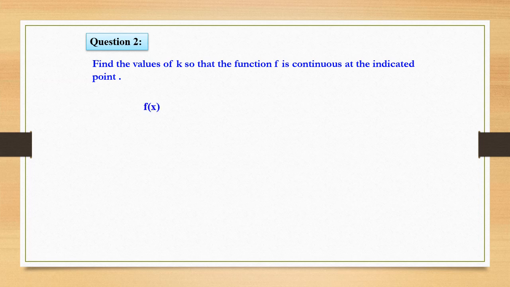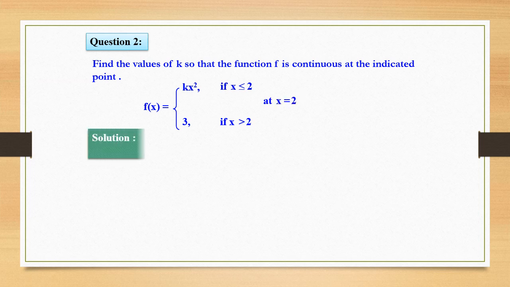Again in such type of examples, we need to calculate the value of the function at the particular point, LHL and RHL, and then equate LHL and RHL to find the value of k. So f of x is equal to kx square if x is less than or equal to 2, it is 3 if x is greater than 2, at x is equal to 2.